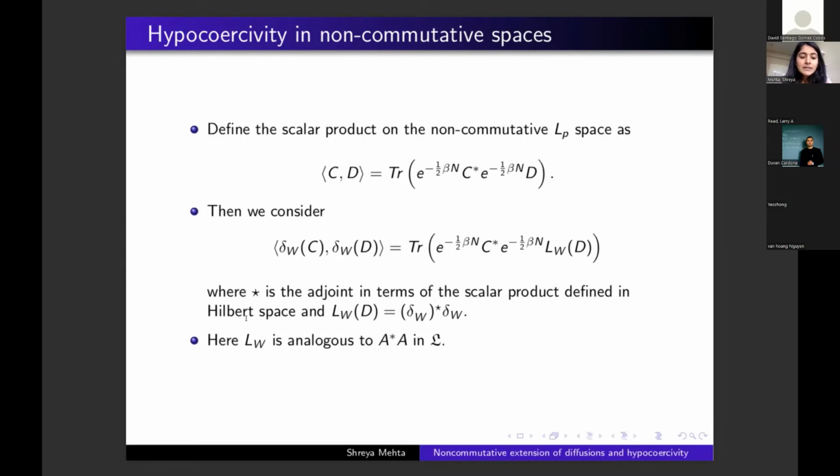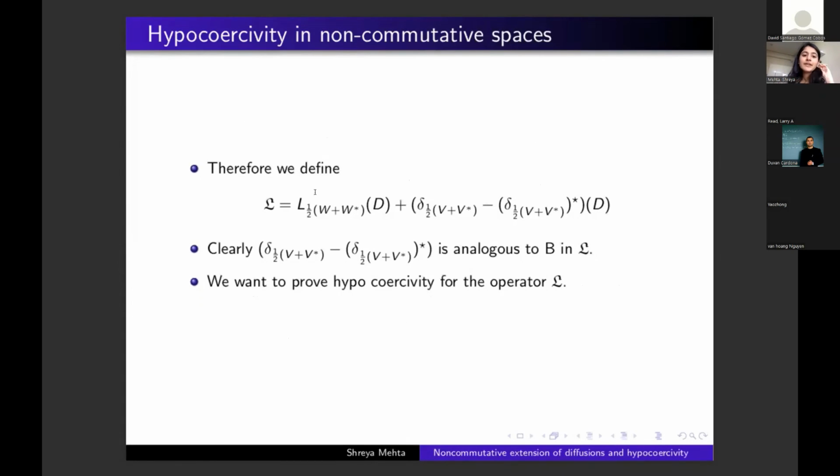So we see that this LW is analogous to A star A in the operator L that we considered. So now we can define the generator L as L with respect to half of W plus W star plus this term, because we saw that this is analogous to A star A because it's always going to be symmetric, and this expression is always antisymmetric.